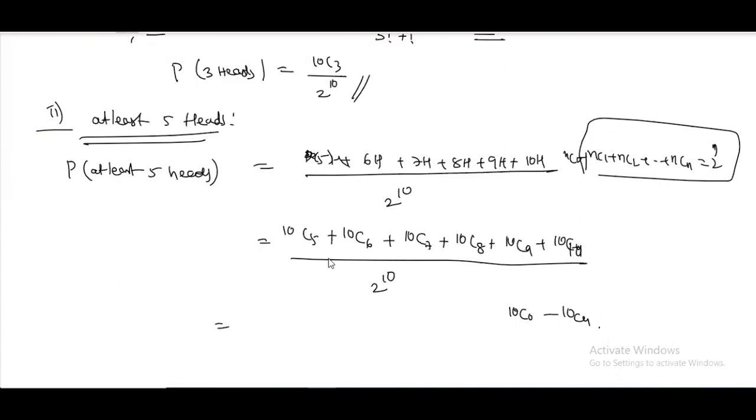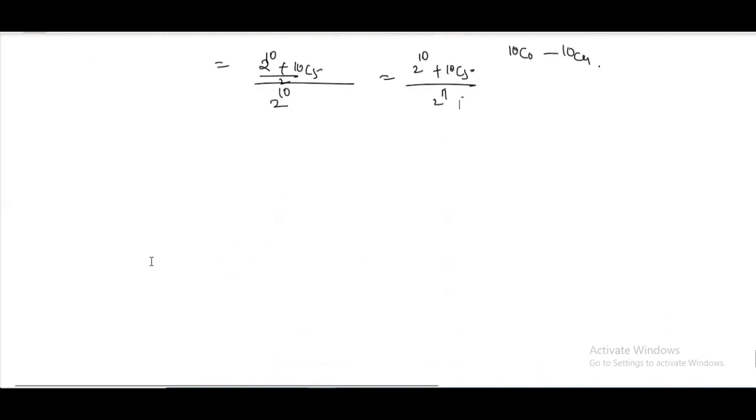When you convert it to 2 power 10, it can be written as 2 power 10 plus 10C5 by 2 power 10, that means 2 power 10 plus 10C5 by 2 power 11. So this is the way we will get the probability of at least 5 heads.